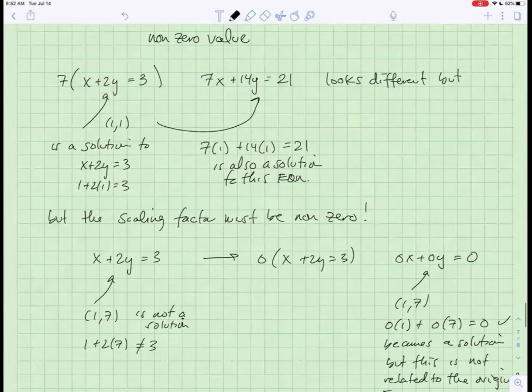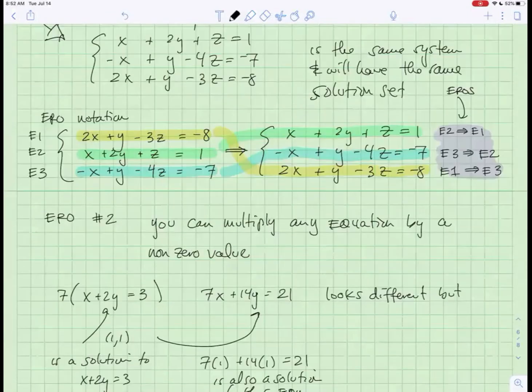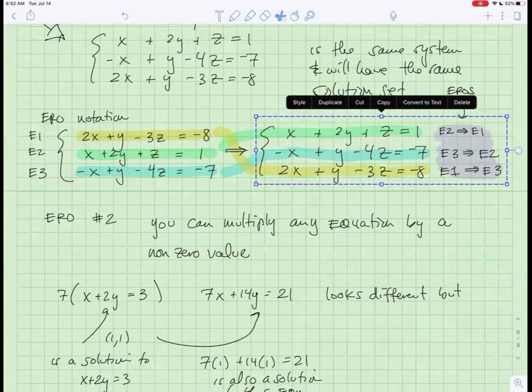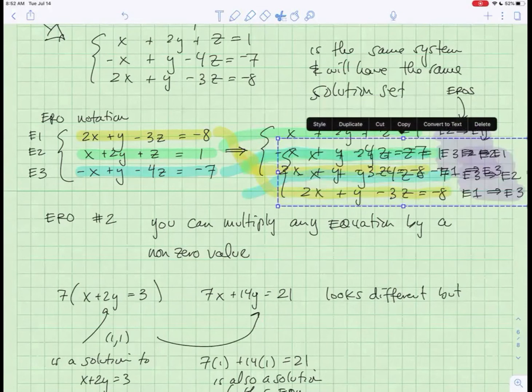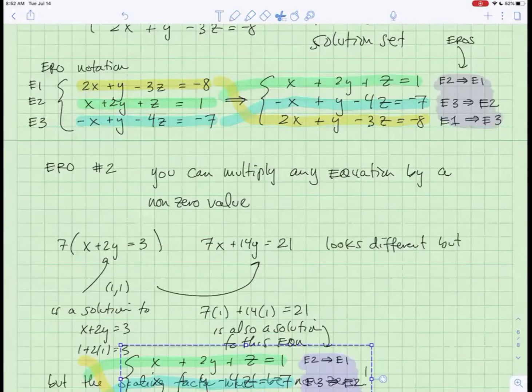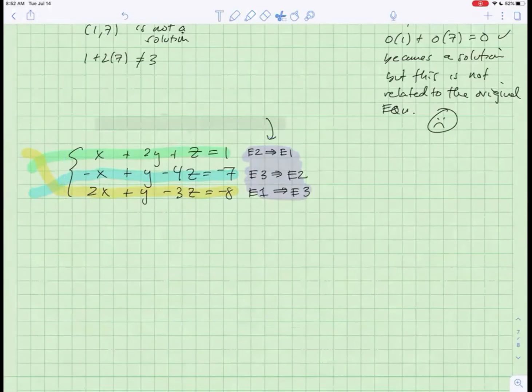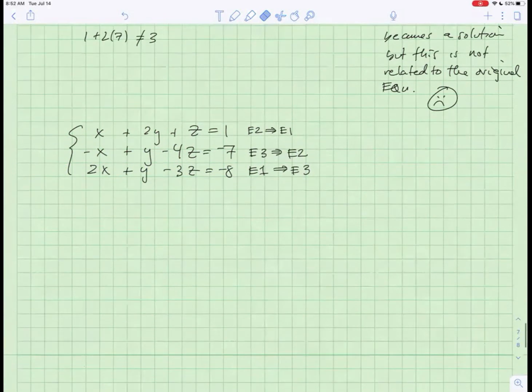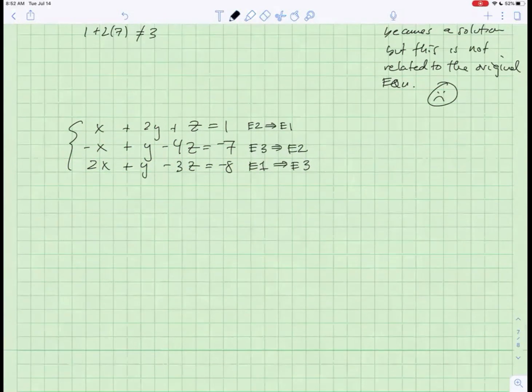So if I take this stuff here, duplicate, clean this up a little bit. So this is my, let me annotate this.